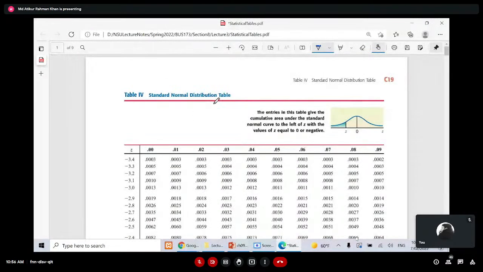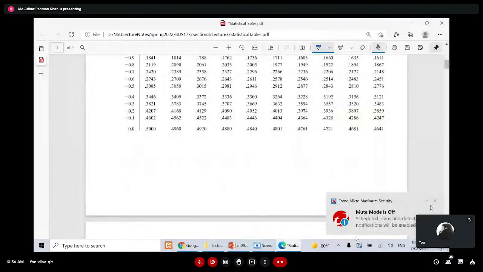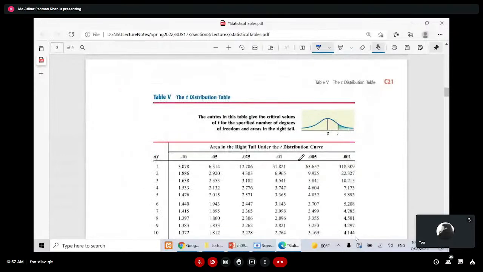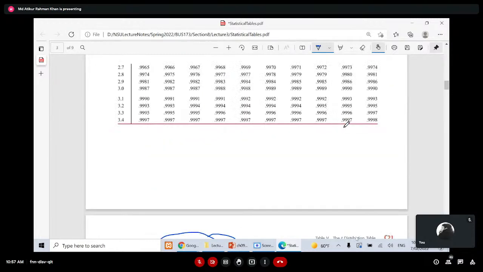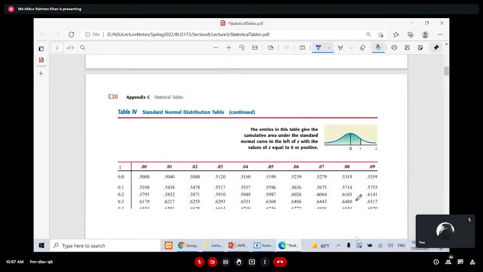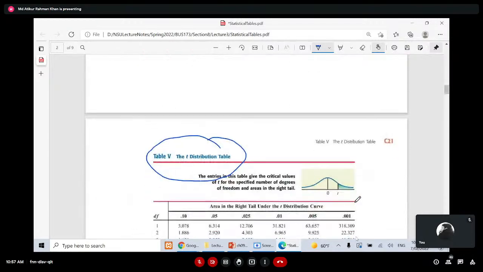Let's find the t-distribution table. Keep in mind, the t-distribution table always provides the right critical value, from the right side, whereas the normal distribution table provides values from the left side.